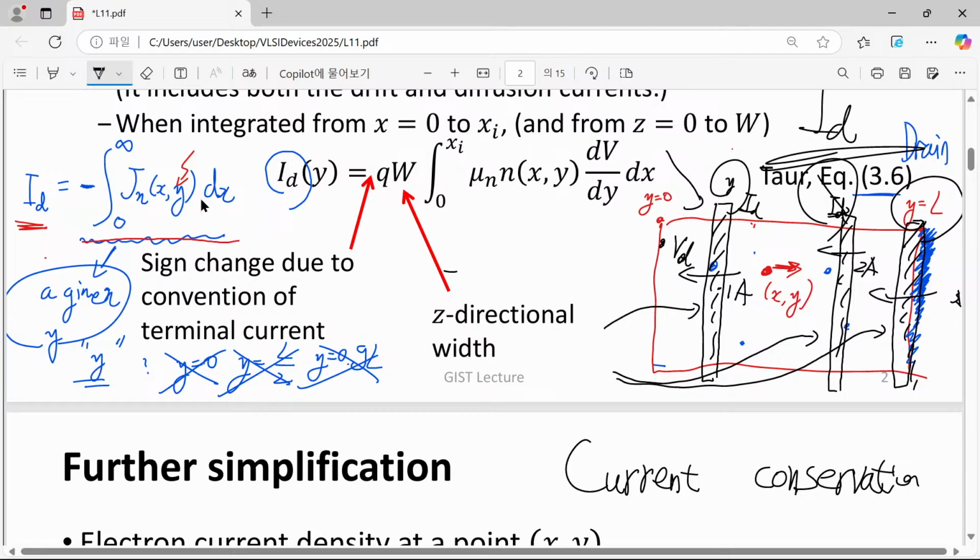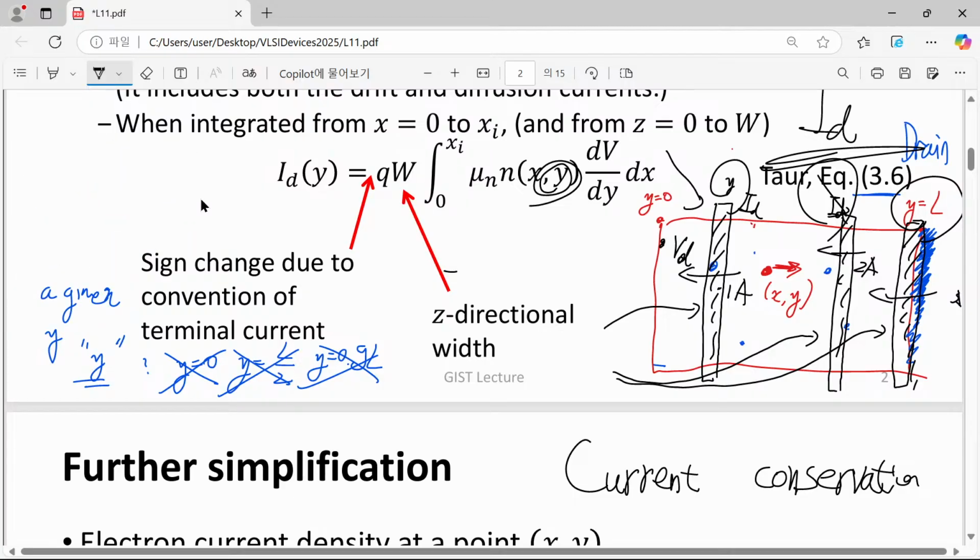Of course, we can verify with a more mathematical formulation, but I will just skip it. So intuitively, we can understand that although we can perform this kind of vertical integration everywhere, regardless of the position of our y value, we must have a constant value. That is the key point here.